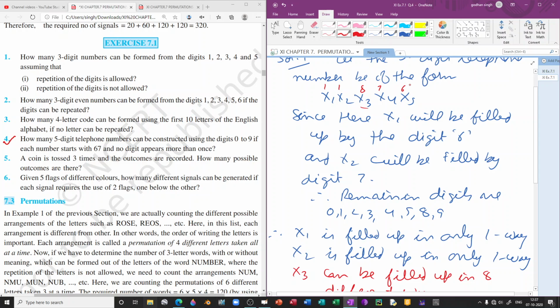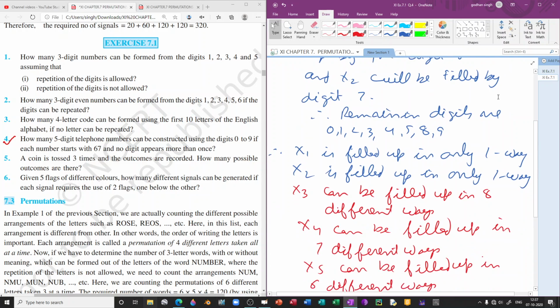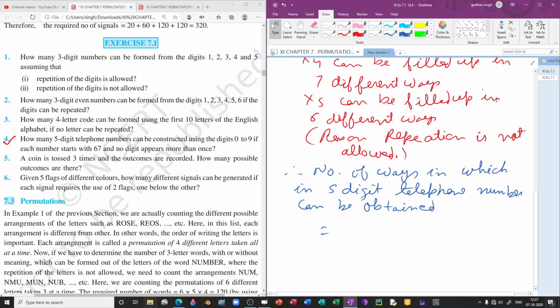So by the fundamental principle of counting we just multiply them. So the number of ways in which a 5-digit telephone number can be obtained is equal to 1 into 1 into 8 into 7 into 6.